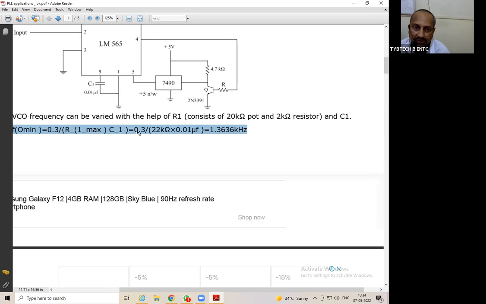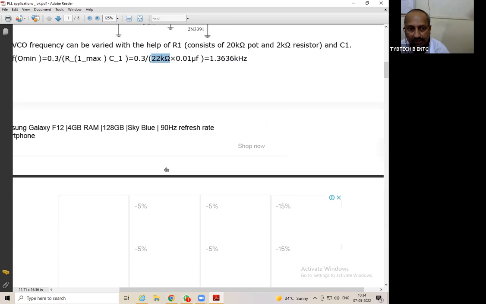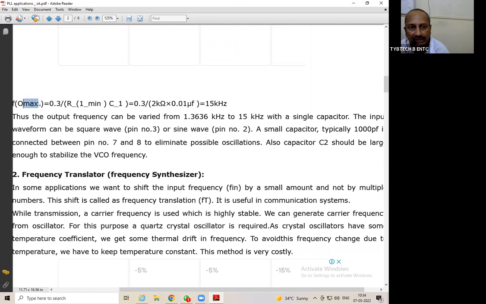For the minimum frequency, the max resistance should be there, so they have taken the 22K, that is 20K plus 2K. For minimum frequency, they take the max resistance, and for max frequency, they take the minimum.